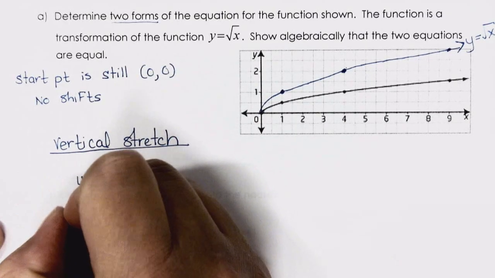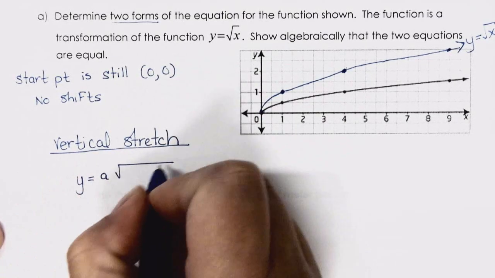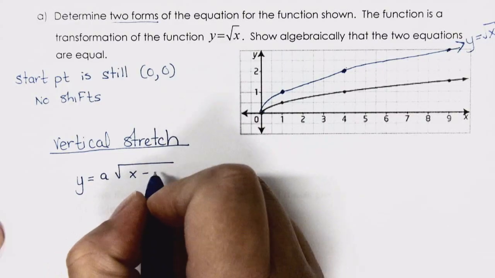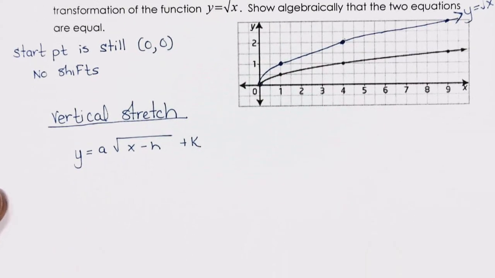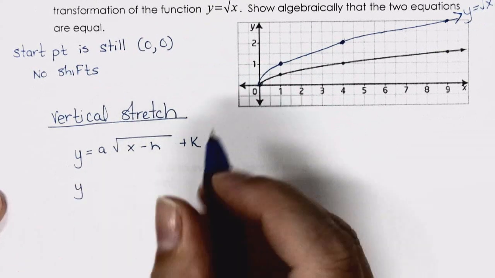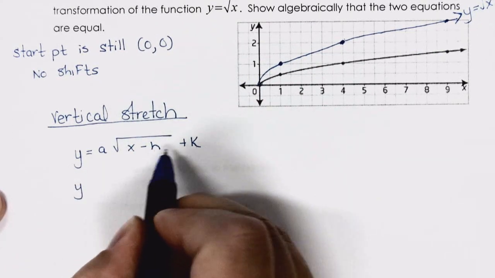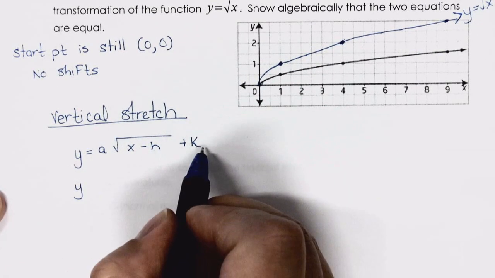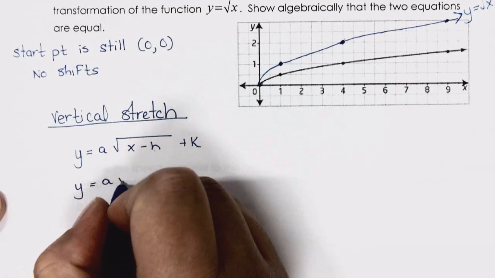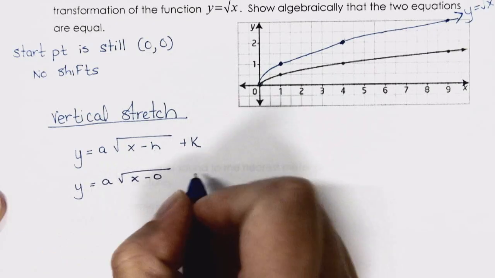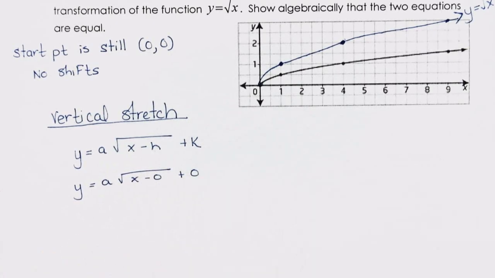So we're going to have y equals a bracket x minus h, and then plus the k outside. What do we know about the h and k? There's nothing. There's zeros. This is redundant. You don't need to write that if it doesn't make sense to you, but those are our shifts.